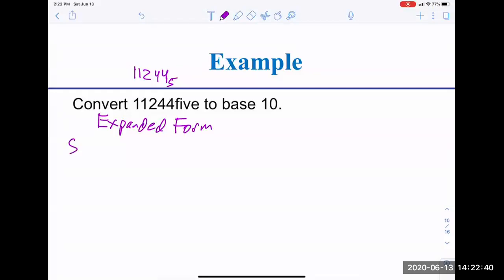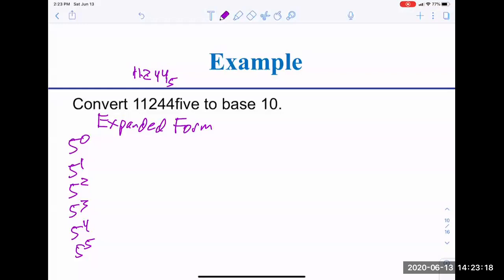So I'm going to start doing this. 5 to the 0 is 1. 5 to the first is 5. That's the 5's place. 5 squared. Actually, I don't even need these. I'm doing the 5's places. Sorry. Because I have 1, 2, 3, 4, 5. Okay.